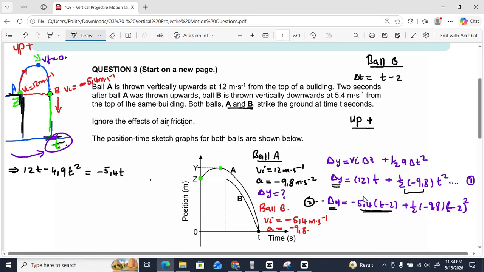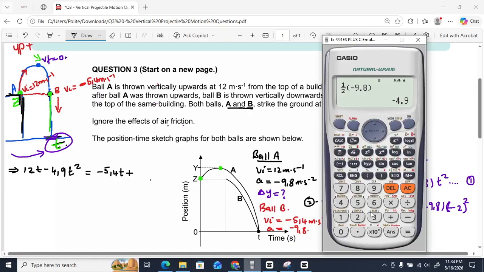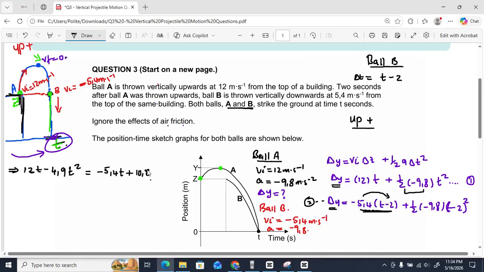Then we multiply the bracket by the minus 2 by that minus 5.4. A negative and a negative gives us positive. 5.4 multiplied by 2 equals 10.8. So this will be plus 10.8.